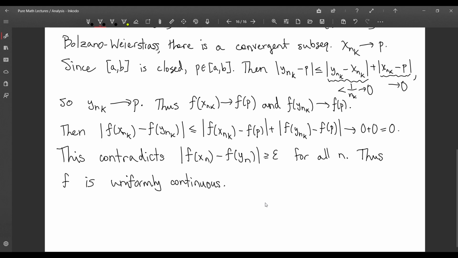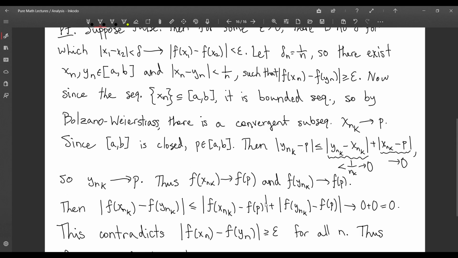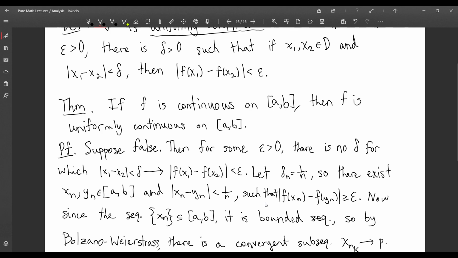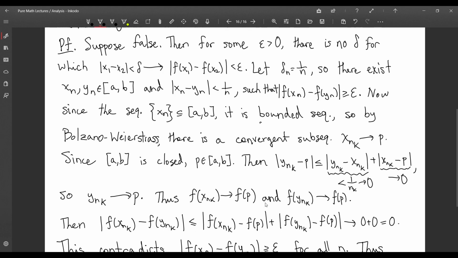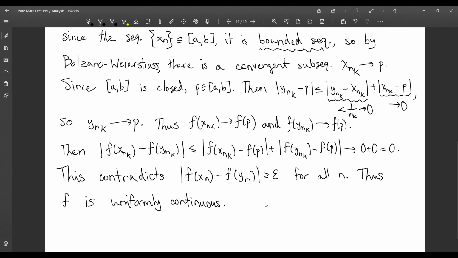Let me go back and restate that this in fact works for compact domains. Why is that? Compact again means closed and bounded in the real numbers, and here we use the fact that it was bounded, and here we use the fact that it was closed.